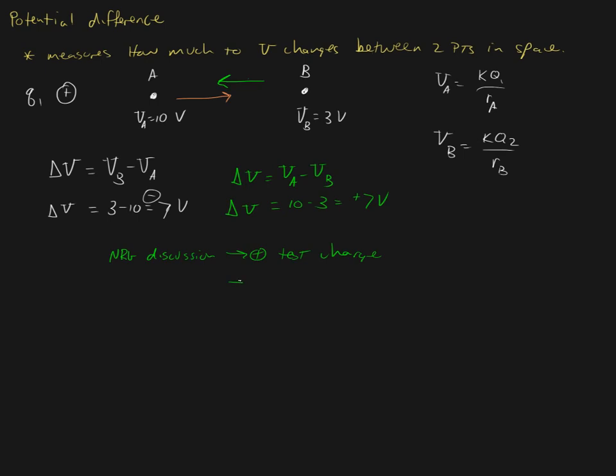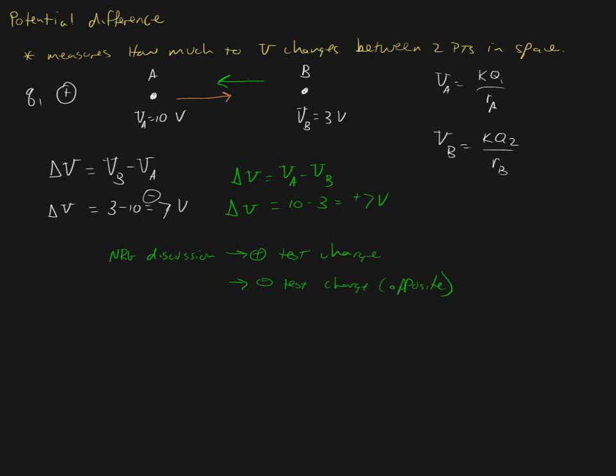If you use a negative test charge, then everything is opposite. As I take a negative charge from A to B, even though there is a loss in potential, there was an increase in potential energy because the particle is naturally going to want to be attracted towards Q1.